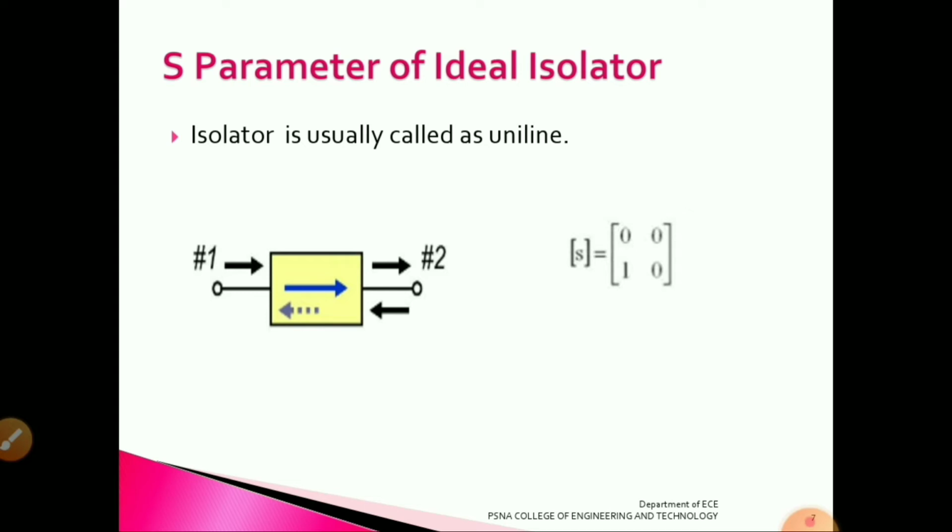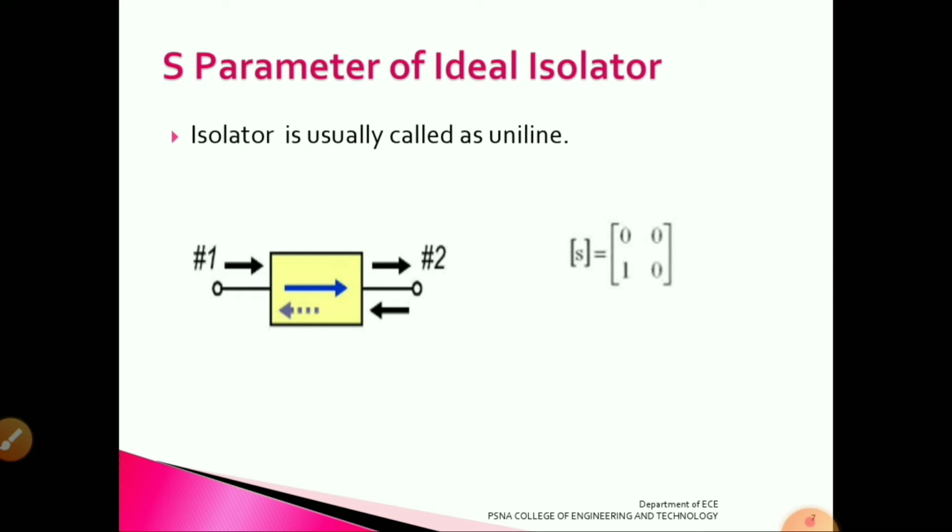Only unidirectional transmission of the wave is allowed by the isolator, so it is known as a uniline. As seen in the diagram, we give the input at port 1 and we get the output at port 2. But if we give the input at port 2, we do not get the output at port 1. So this is the function of the isolator explained simply.